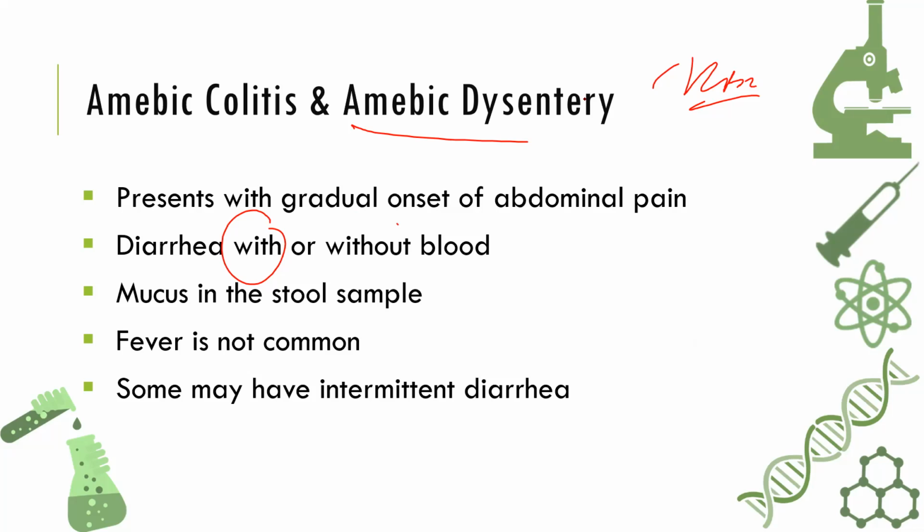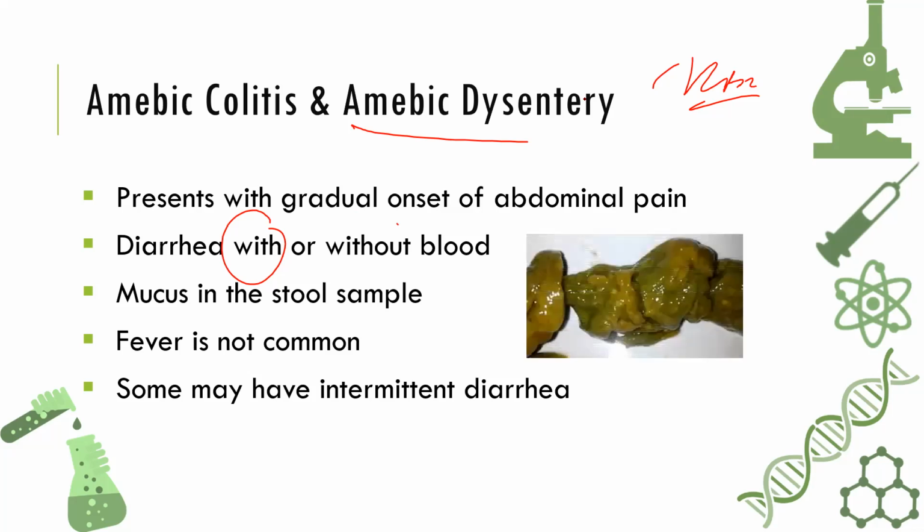Amoebic dysentery is different from what we call bacillary dysentery. Amoebic dysentery is caused by Entamoeba histolytica. That is the mucoid sample ng stool. Masipon-sipon, malagkit-lagkit. And that area contains the parasite.